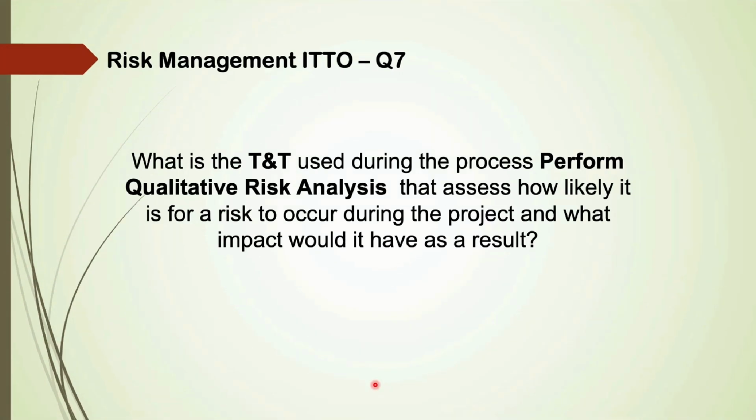Question 7. What is the tool and technique used during the process Perform Qualitative Risk Analysis that assesses how likely it is for a risk to occur during a project and what impact it would have as a result?